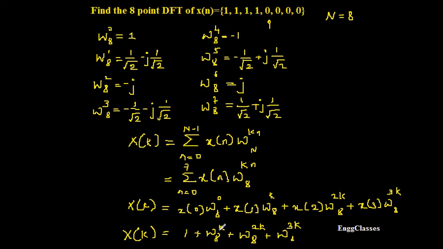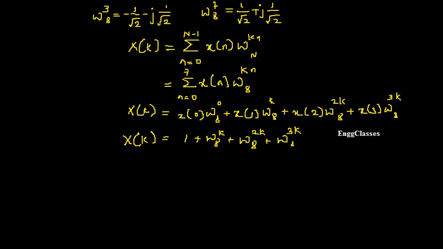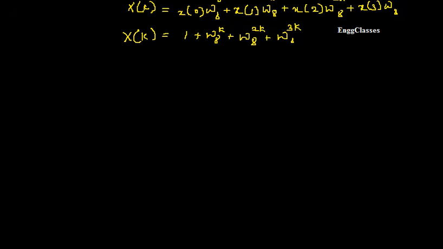In this expression I have to let k vary from 0 to 7 so that I'll get all the DFT samples, that is X of k. Now this expression is important. First I'll put k equal to 0 so that I get X of 0. Put k equal to 0 in this expression.